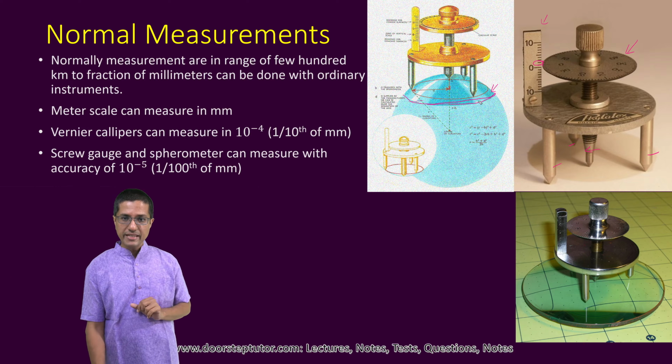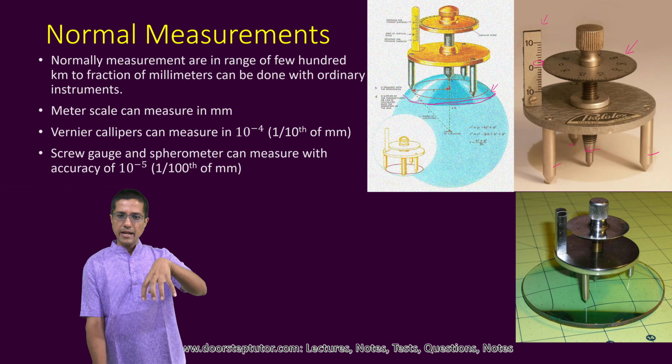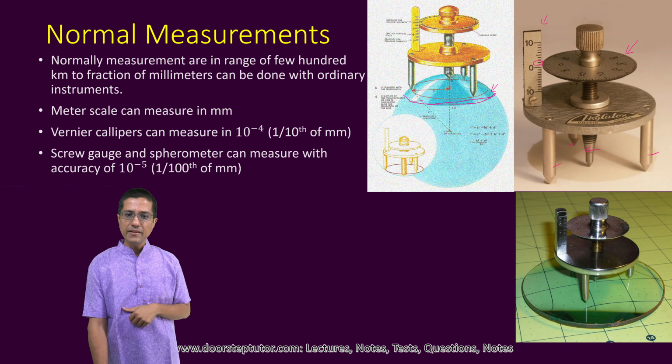The way it works is that I fix my 3 legs right here. The fixed legs I put at a point on top of, let's say, a lens, and then I move this circular scale up and down.